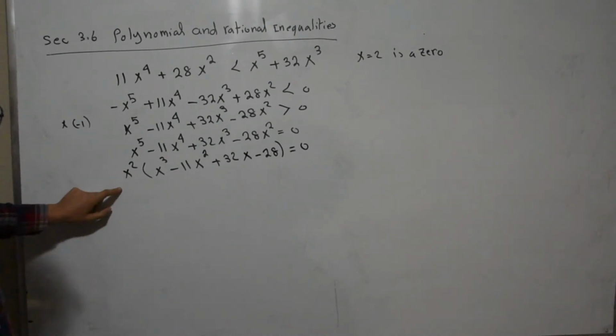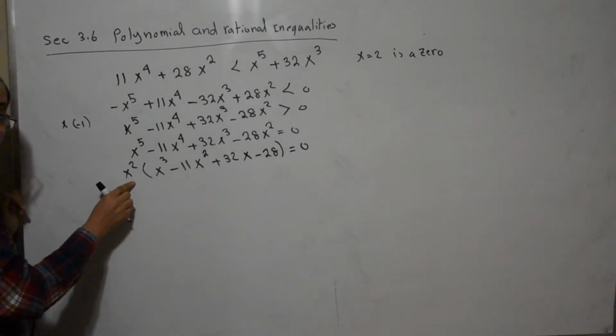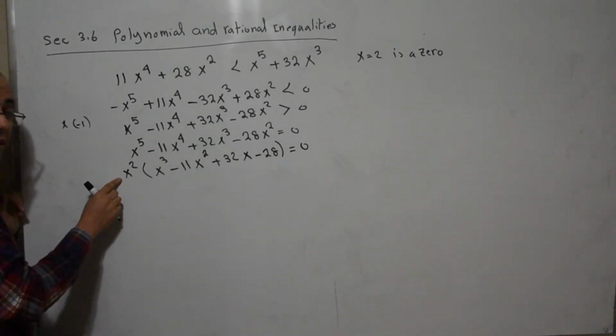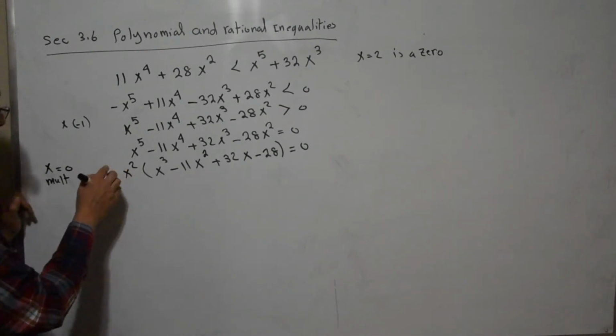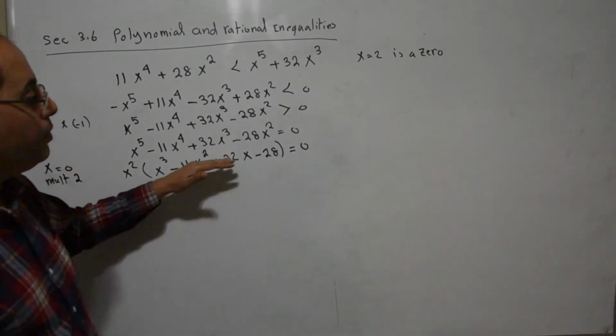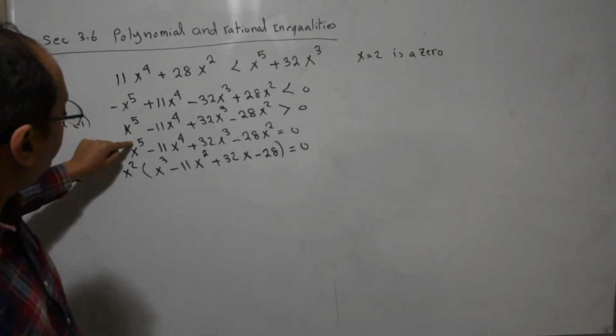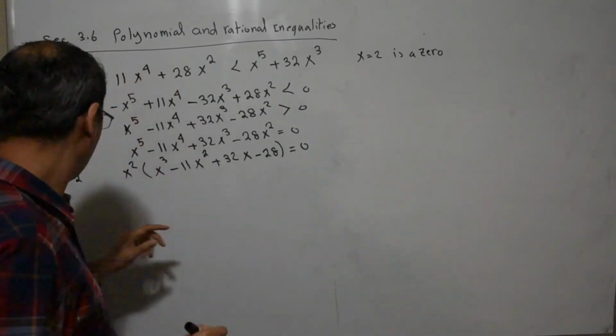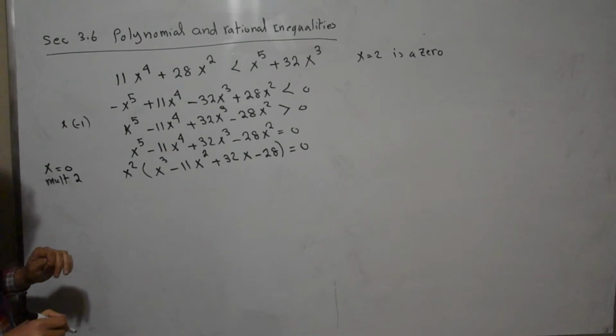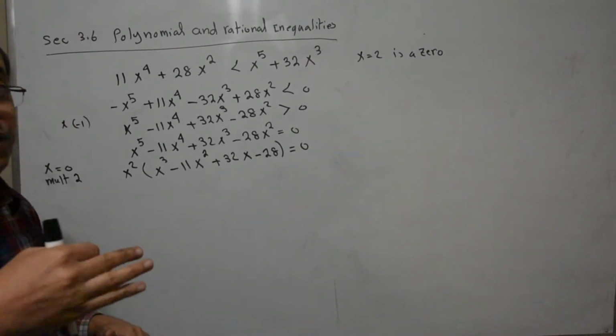Now, I know that I have one 0 here, x squared, which is 0, x is 0, with multiplicity, as we learned about that before, 2. So for this fifth degree polynomial here, I must have 5 zeros, but those are 2 out of them. So I must have extra 3.